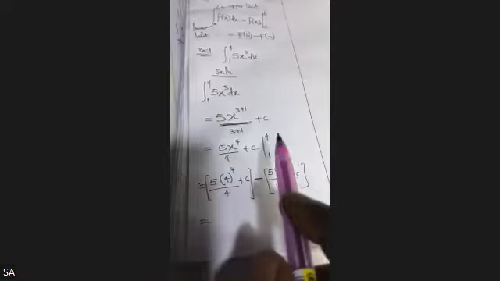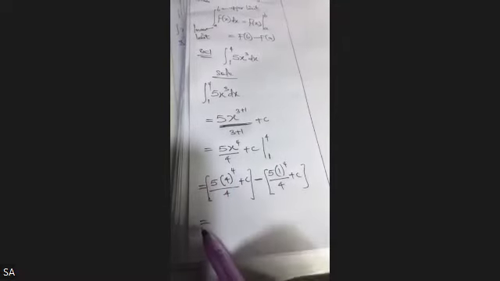Now this 4 will cancel one of these 4, that will be 64. 64 times 5 is what, class?